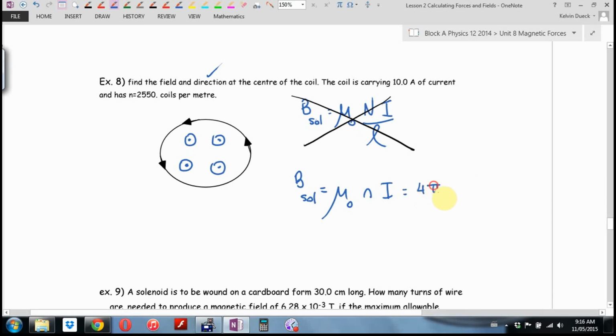4 pi times 10 to the negative 7, the permeability of free space. What a great name for a constant. 2,550 coils per meter, and this one is carrying 10 amps.